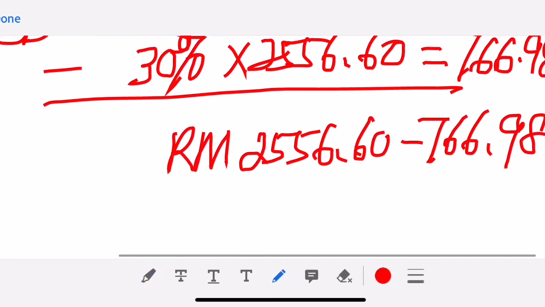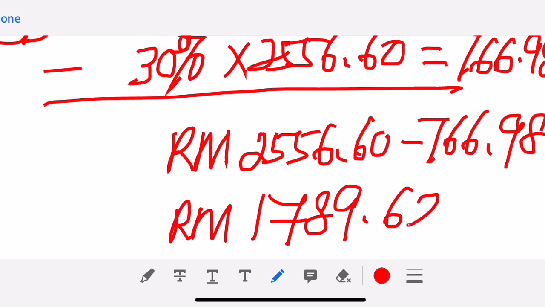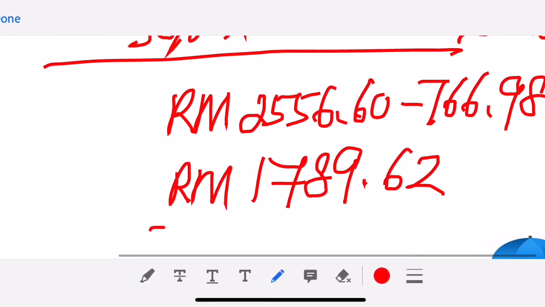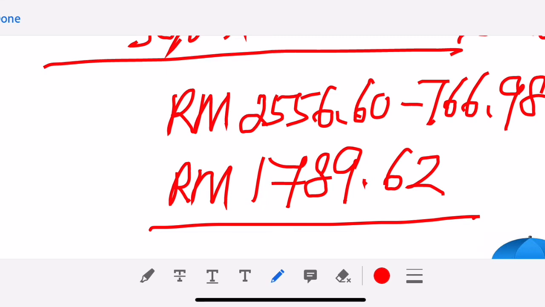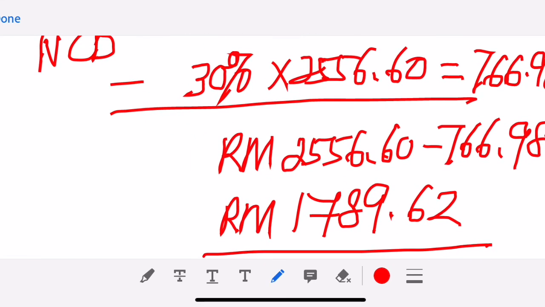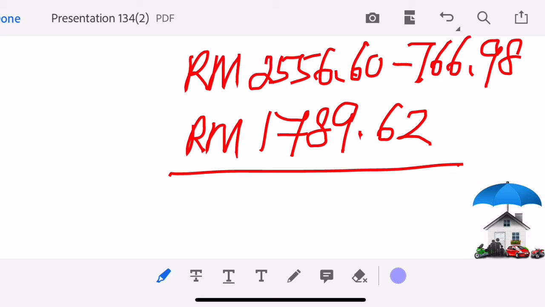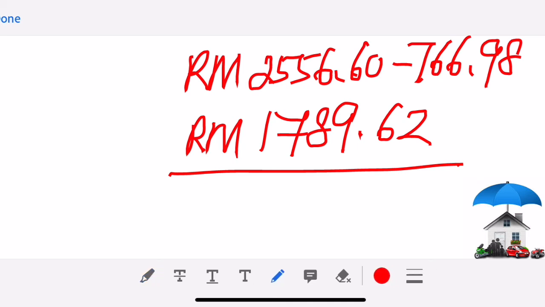So Encik Bakri just needs to pay 1789.62 for the comprehensive policy, right? So he actually saved about 700 plus. Okay, so actually this is very important. As you can see, sometimes when there is an accident, people try not to claim the insurance, so that they are entitled for the NCD.